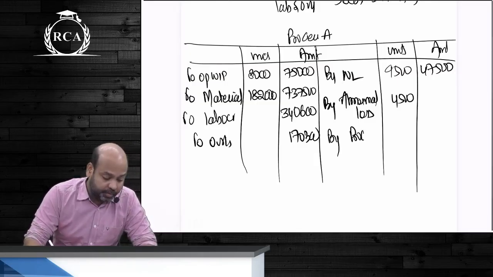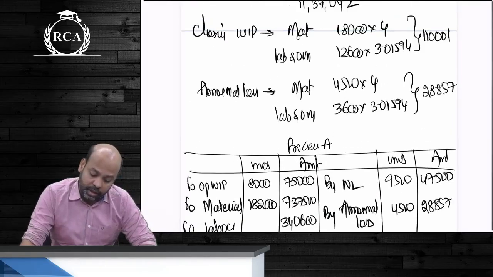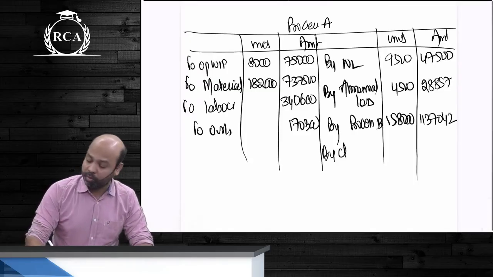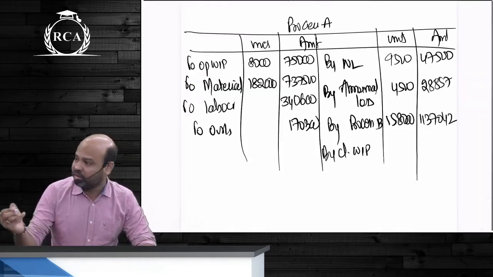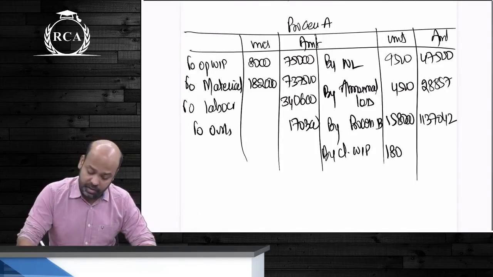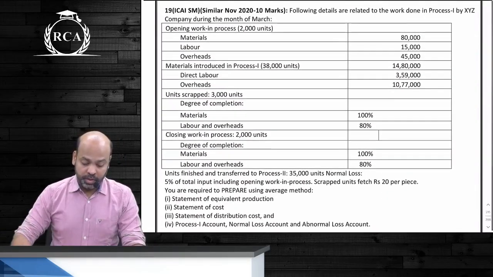By process B, guys, this 1,58,000. ये कितना था? 28,857. The amount of input to be transferred to the next process beta is 11,37,042 rupees. And then by closing work in progress beta would be कितने units? 18,000, 1,10,001 rupee. Match हो गया account?